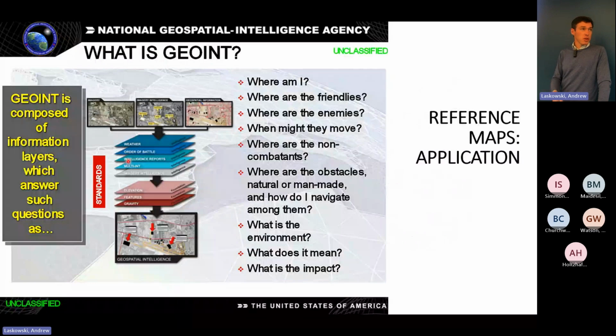In terms of national governments, you know, the United States of America has a National Geospatial Intelligence Agency, and they are primarily concerned with geographic intelligence. So, for example, lots of different layers are maintained by this agency, and questions like where am I, where are the friendlies, where are the enemies could be asked.